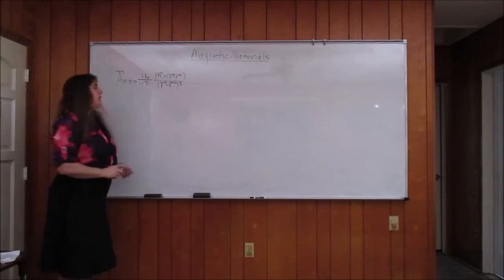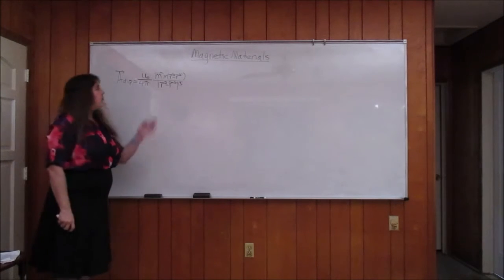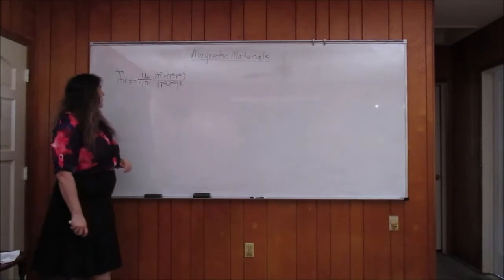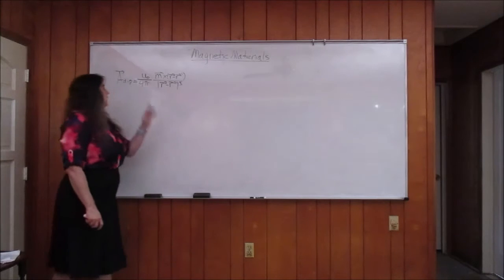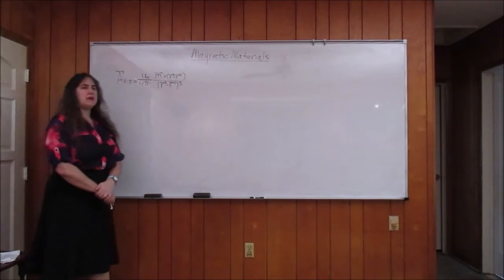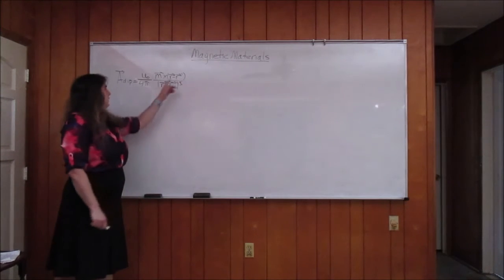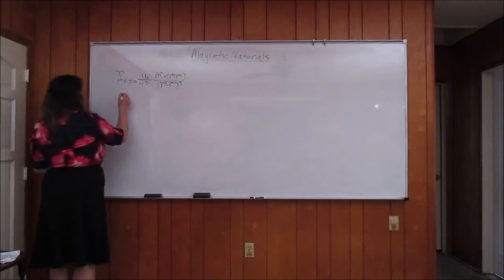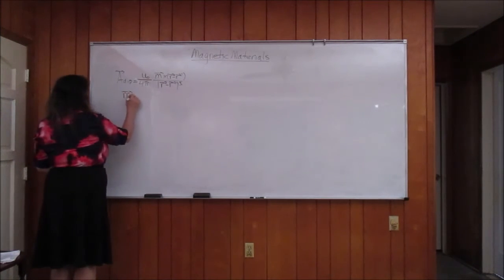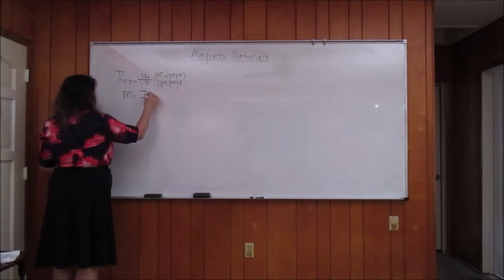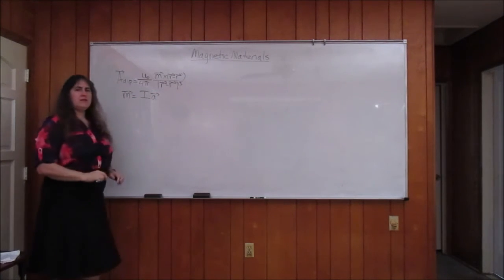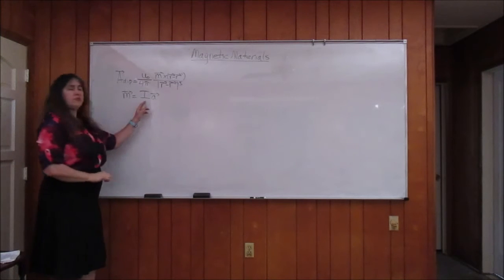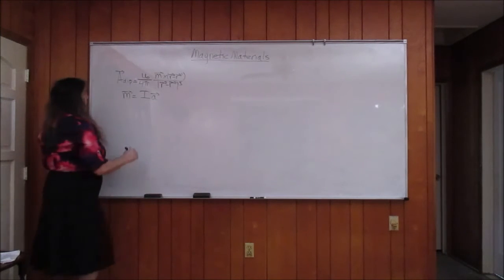So in other words, the magnetic vector potential due to a dipole is equal to the permeability of free space over 4 pi times the cross product of the magnetic dipole moment and the separation vector over the magnitude of the separation vector cubed. And the magnetic dipole moment was defined as current times the area of the loop.